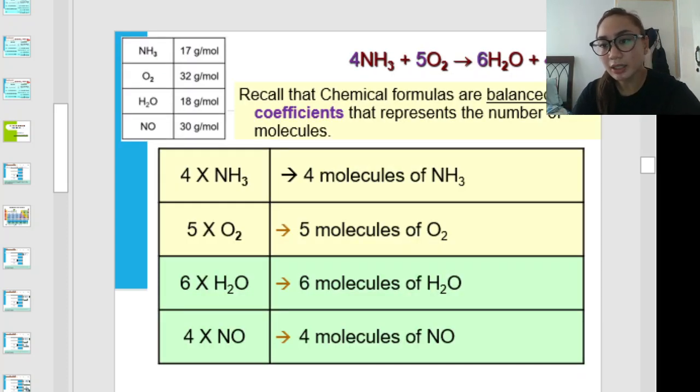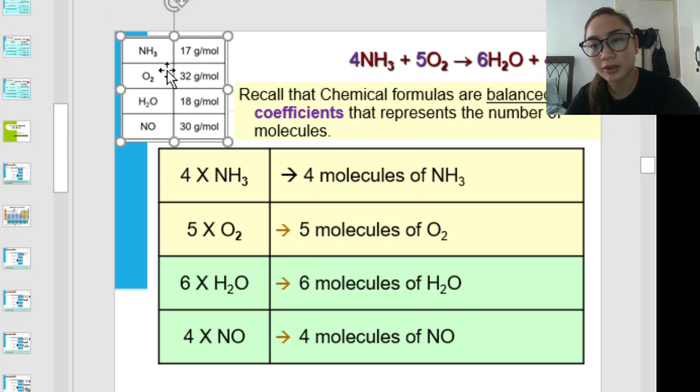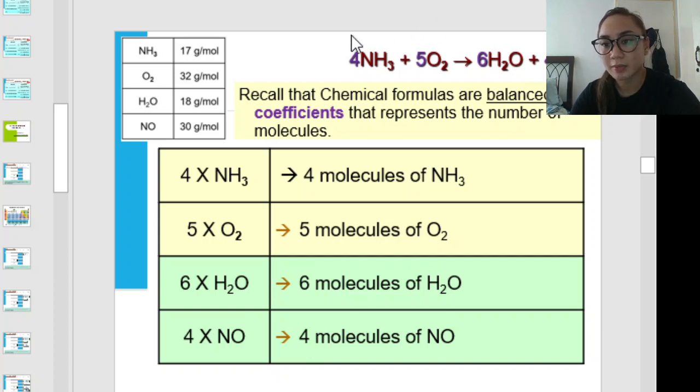So technically, if we recall the chemical formulas that are balanced with coefficients, so alam nating lahat na ito yung relative formula mass natin or molar mass. And if we look at the coefficients, ibig sabihin lang nito, 4 ang molecules ni NH3, 5 ang molecules ni oxygen, and 6 ang molecules ni water, 4 ang molecules ni NO, as represented by the purple color, no?